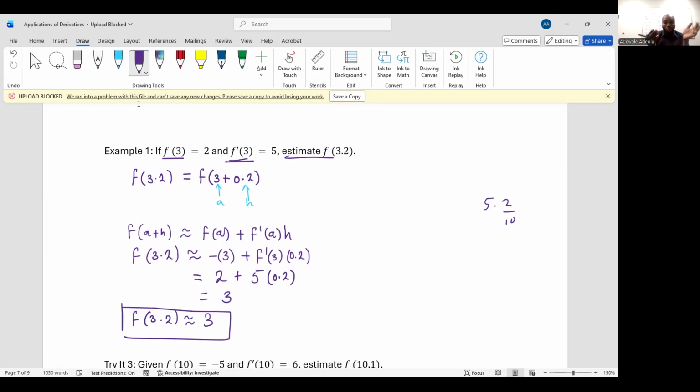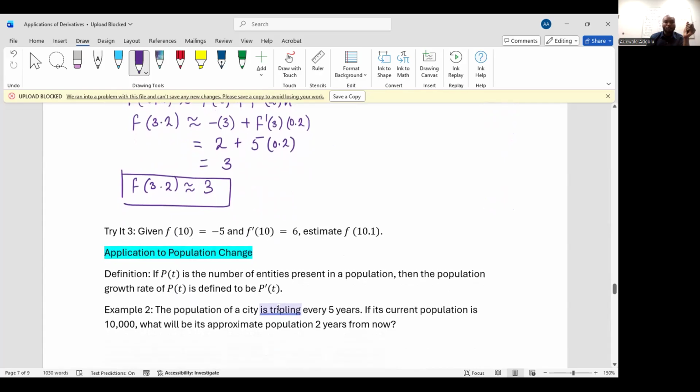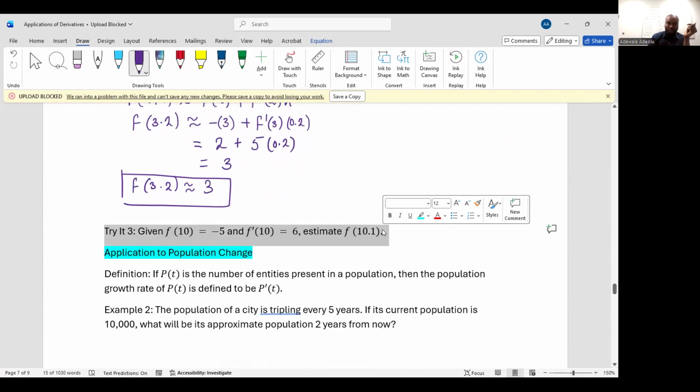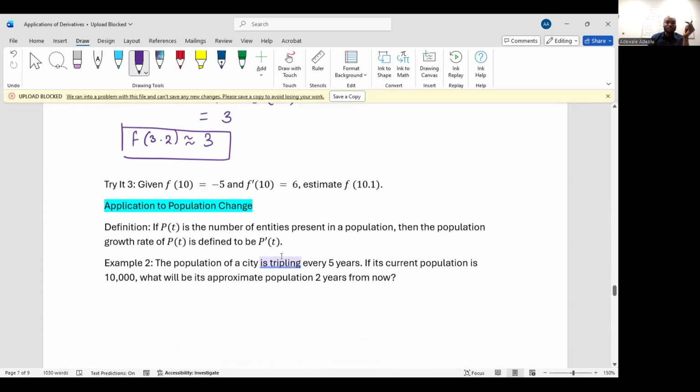So we were able to find that value, right? Because we know the rate of change. Quickly, we will go into what is the relevance of this. We'll use a real life scenario to see the usefulness of this. So I will just ask you to pause this video and do the same thing we just did there to find f of 10.1.